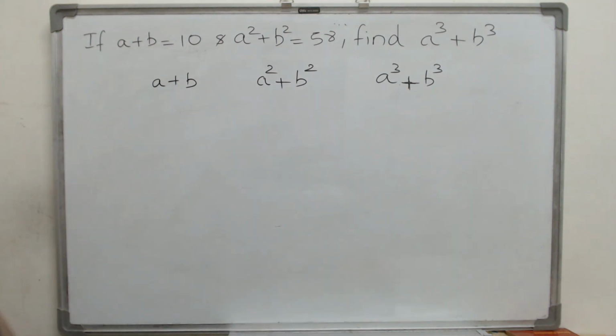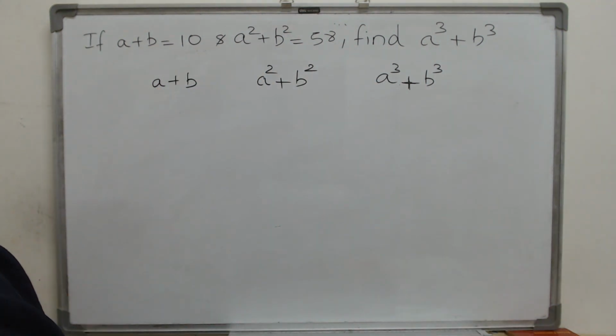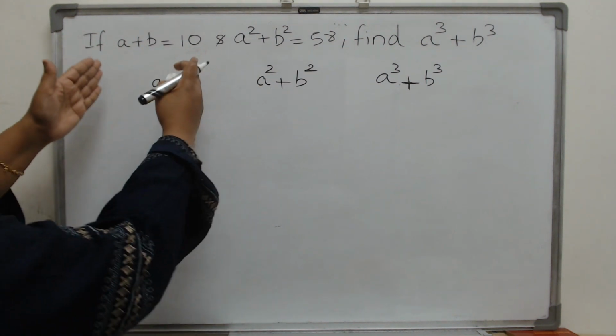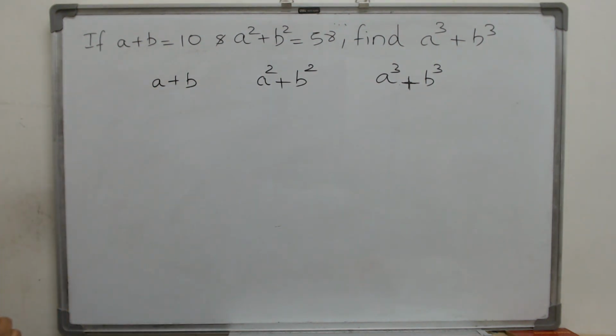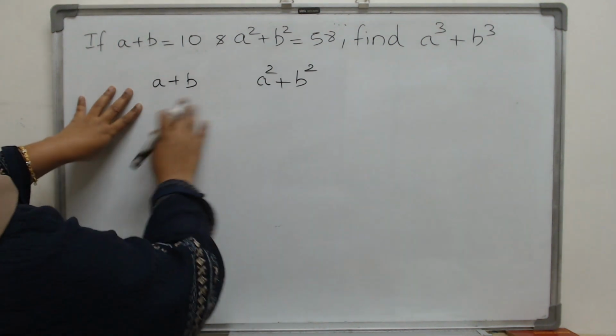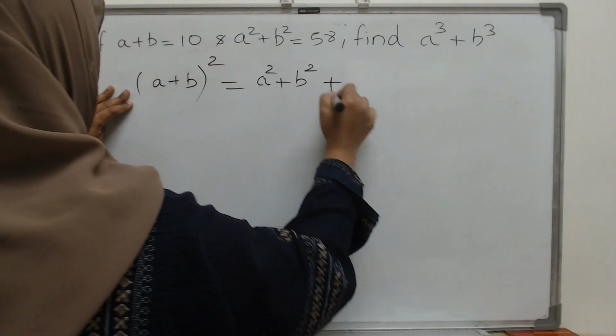Can you think of any identity which will combine all the 3 of them? Nothing that we have learnt so far. So why don't we take 2 at a time? Why don't we just connect these 2 and find what the AB is? We will first do that. Now can you think of any identity which connects both of these? Square this, and all you need is a plus 2ab.